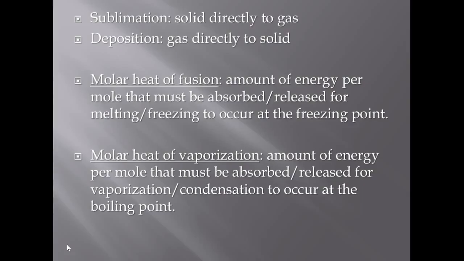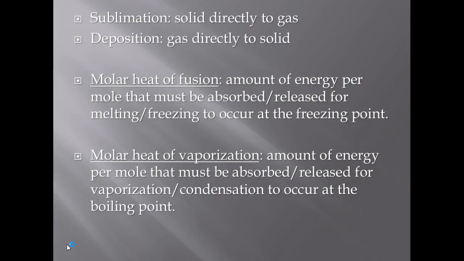Same deal with the molar heat of vaporization. Again, it's a value per mole. Of course, vaporization is a little more obvious that we're talking about going between the gaseous and liquid states. With the heat of fusion, you kind of think fusion is putting things together. So when you freeze things, you're sticking them together into place. That's where that comes from.